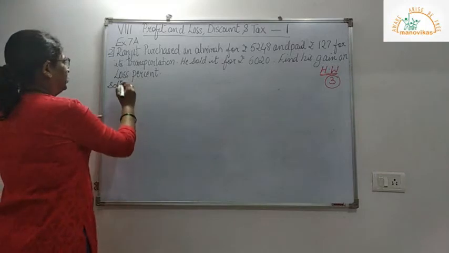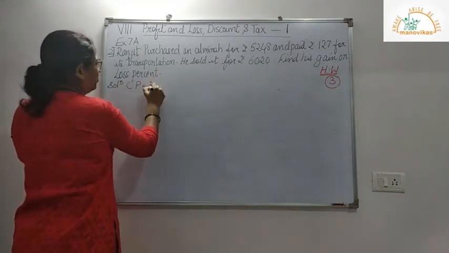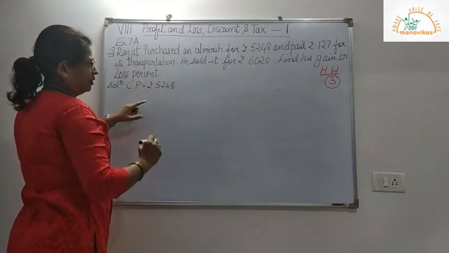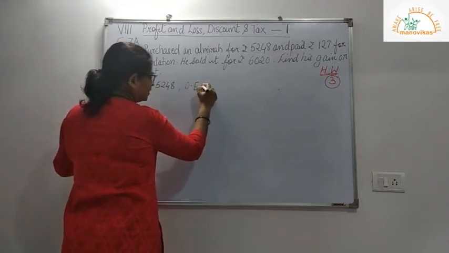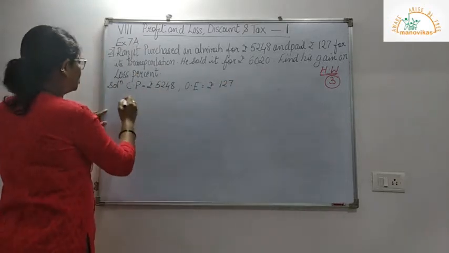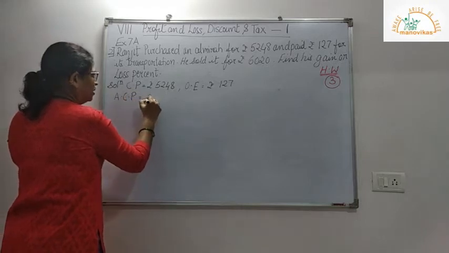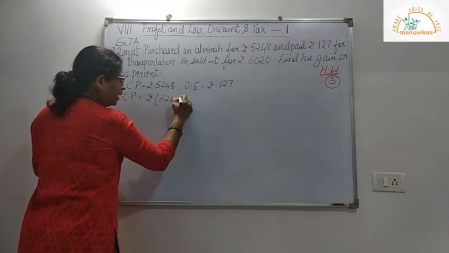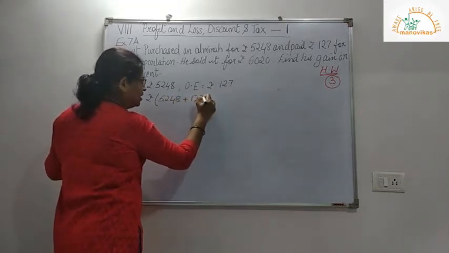So now we see that the cost price of the Almirah is rupees 5248, right? And the overhead expenses is rupees 127. So my actual cost price will be 5248 plus my overhead expenses, that is 127.